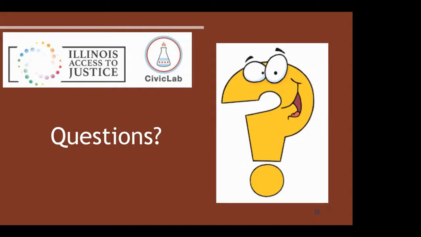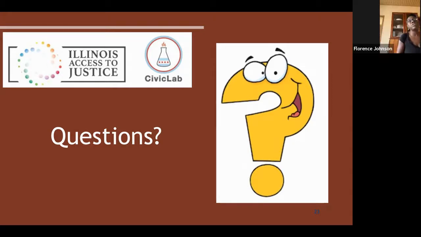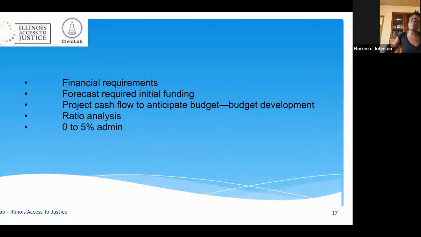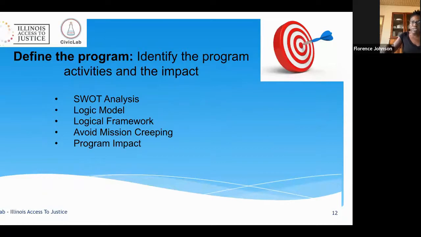The example that I used yesterday was the YMCA of Metropolitan Chicago. They were looking at ways to do more income generation. Now they already do income generation. They have membership and programs or classes and things of that nature. But those were going pretty much to the existing programs. And they said, we need to do additional programming. Where are we going to get this funding from?